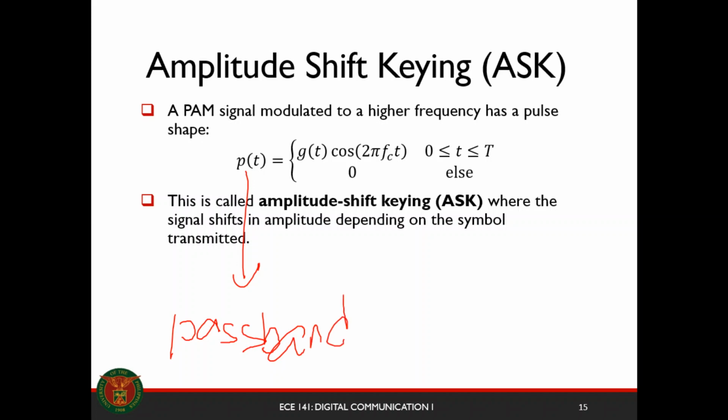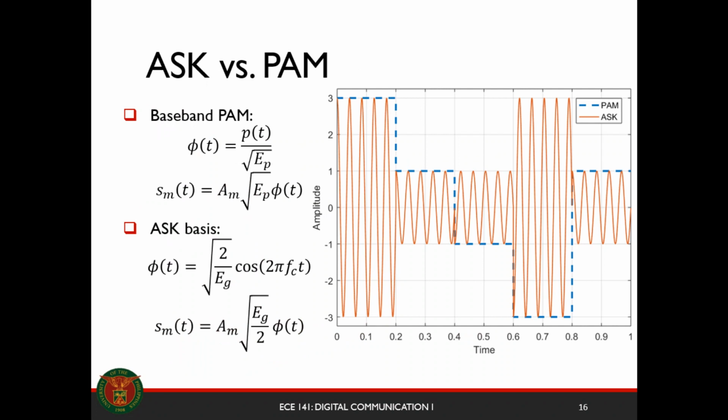So now if we let a PAM signal ride a cosine carrier, your baseband PAM would look like this. This is your passband PAM, which is ASK, and it looks like this. The dashed line is your PAM signal, and once it is modulated, the amplitude level of your pulse, as you can see here, would vary depending on the signal level.